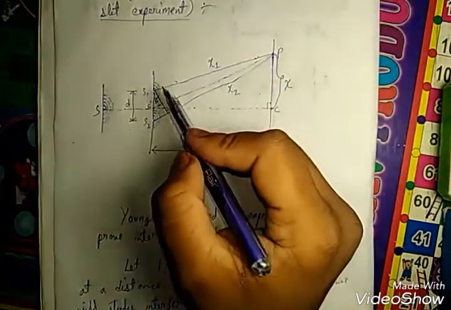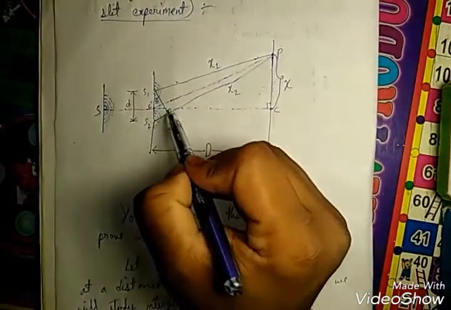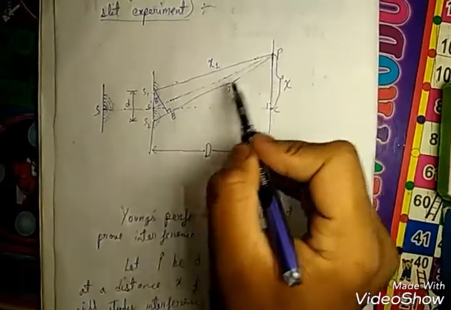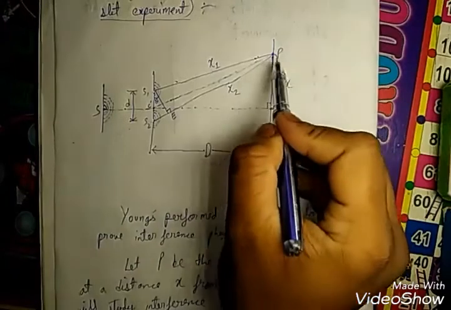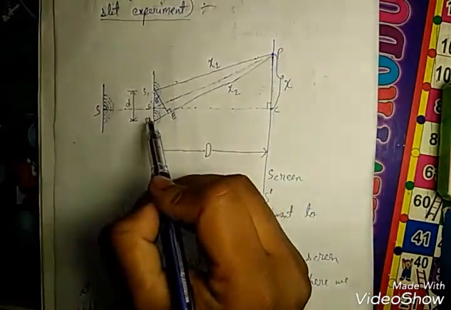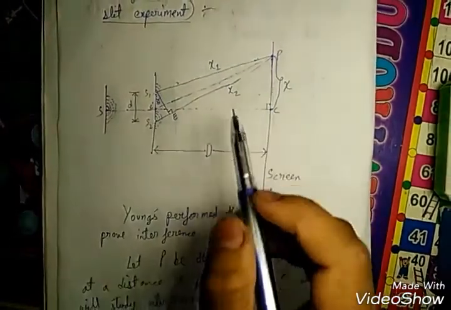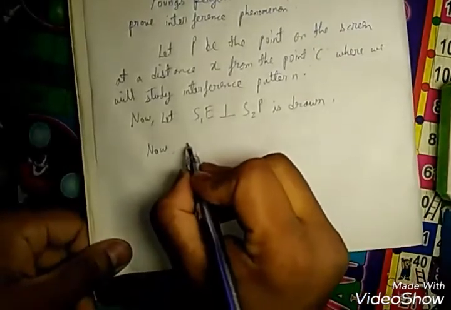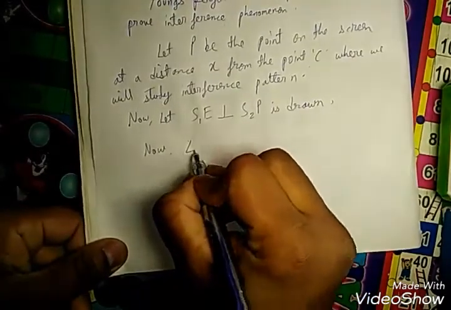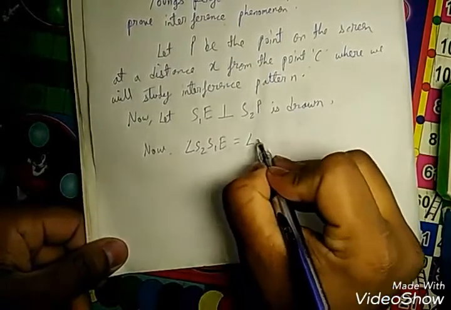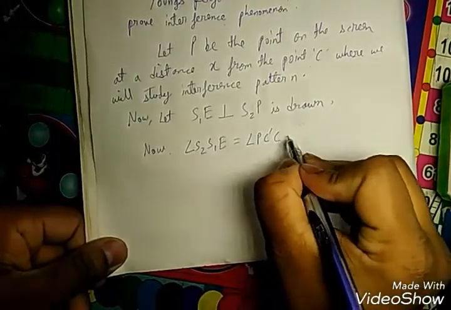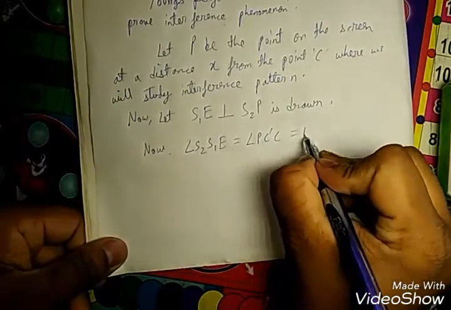Now we see that since the triangles S2S1E and PC dash C are similar, we can write angle S2S1E equal to angle PC dash C, that is equal to theta.